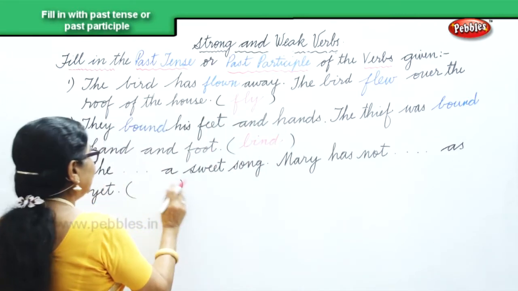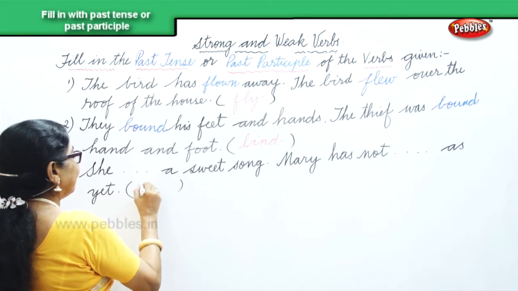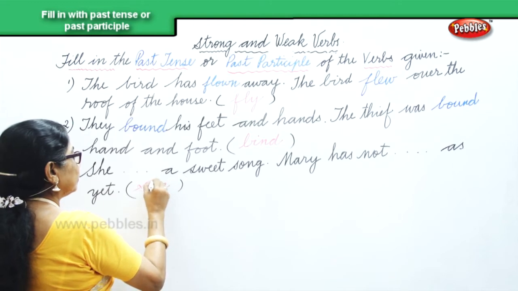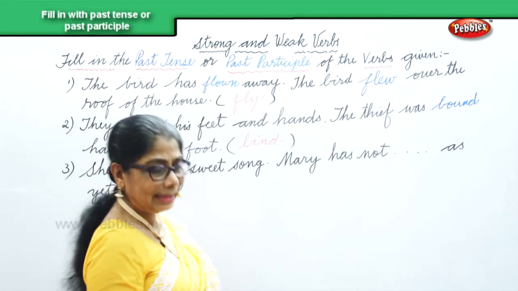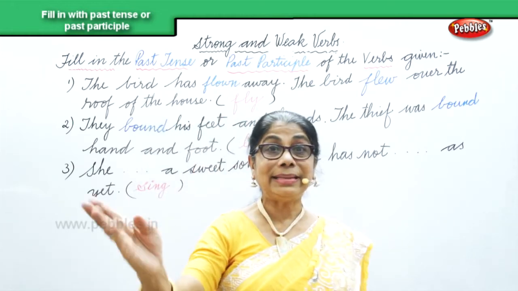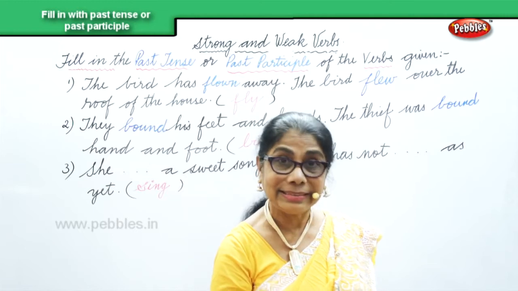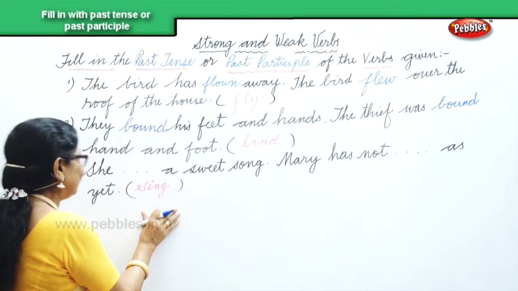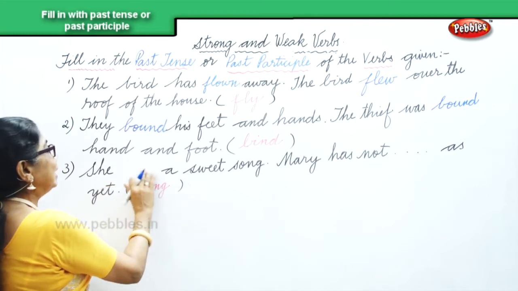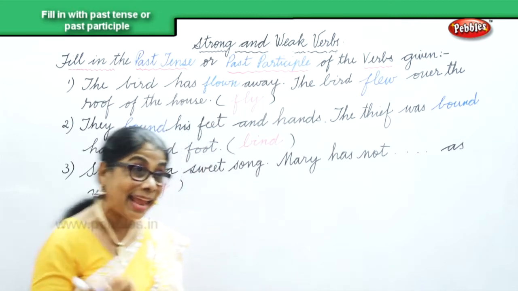What is the verb given? Sing. Past tense, sang, sung. Sing, sang, sung. So the verb presented, you have sing. Now she dash a sweet song. So she sang.